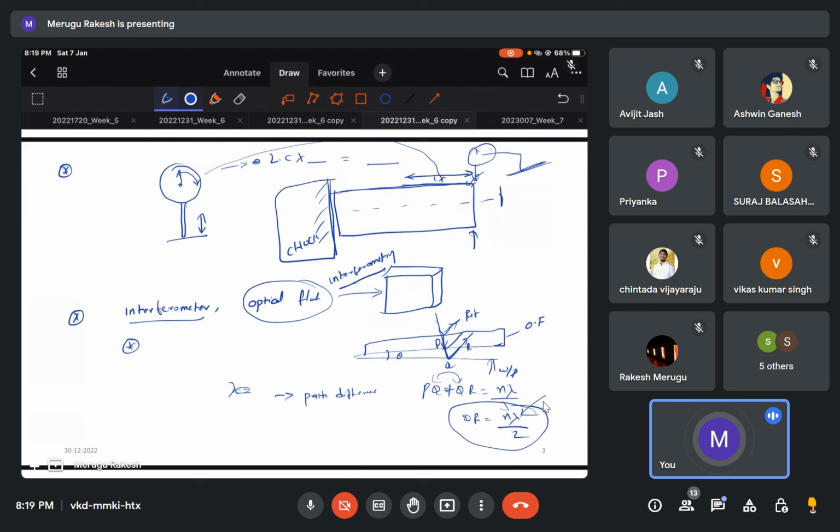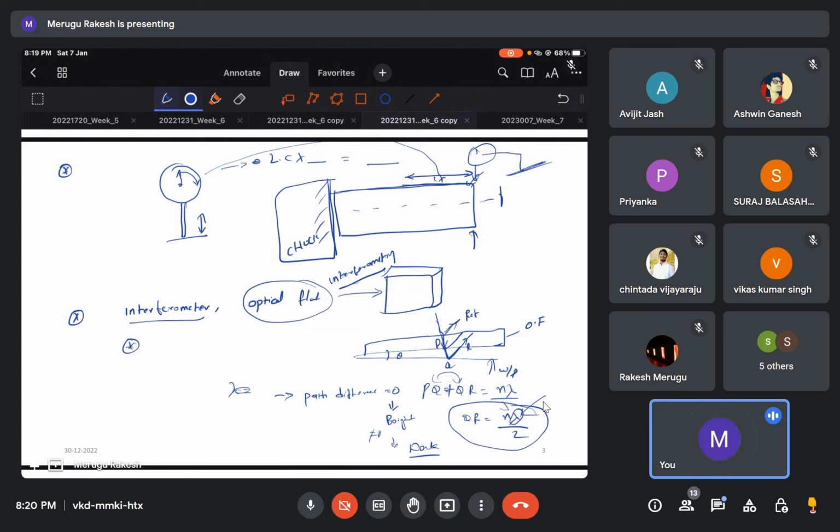If the path difference is 0, you will get a bright fringe. If the path difference is non-zero, you will get a dark fringe. Based on that, you will get this lambda value also.